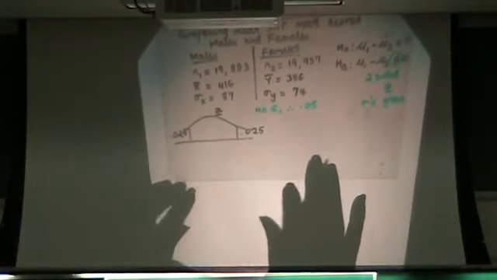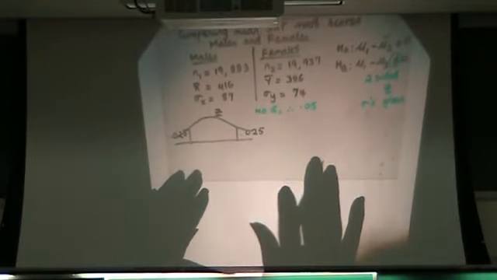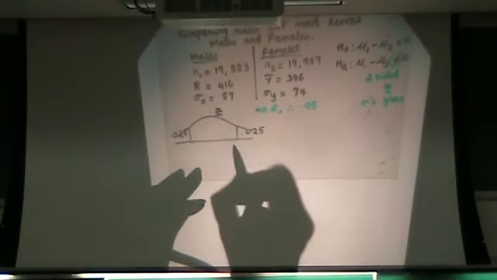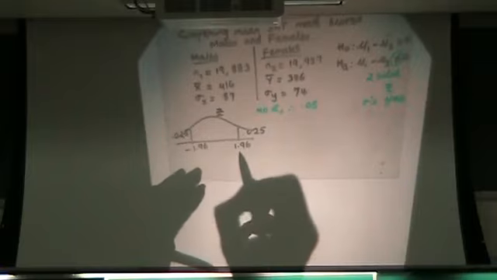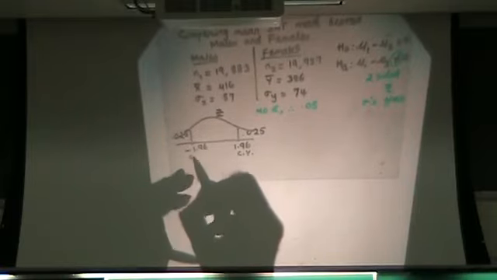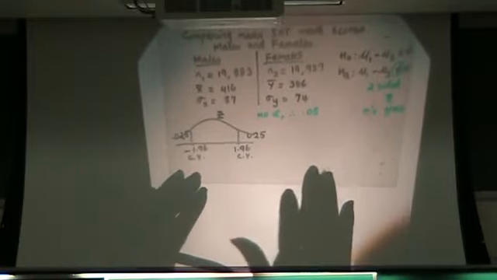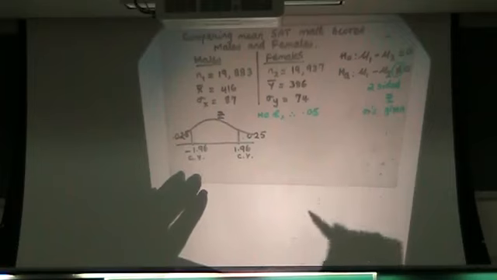I label this Z. I go to the bottom of my T table and look up the critical values, just like I always have done. And I see 1.96 and minus 1.96. Critical value, two critical values because there are two rejection regions.